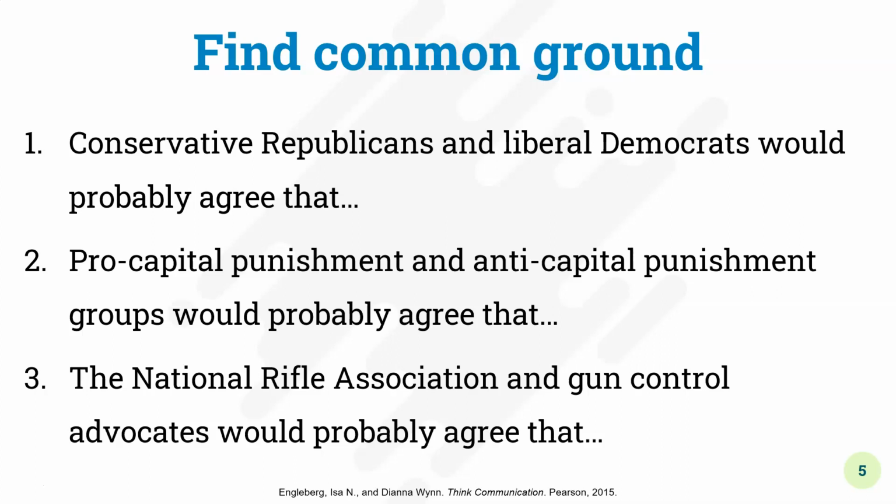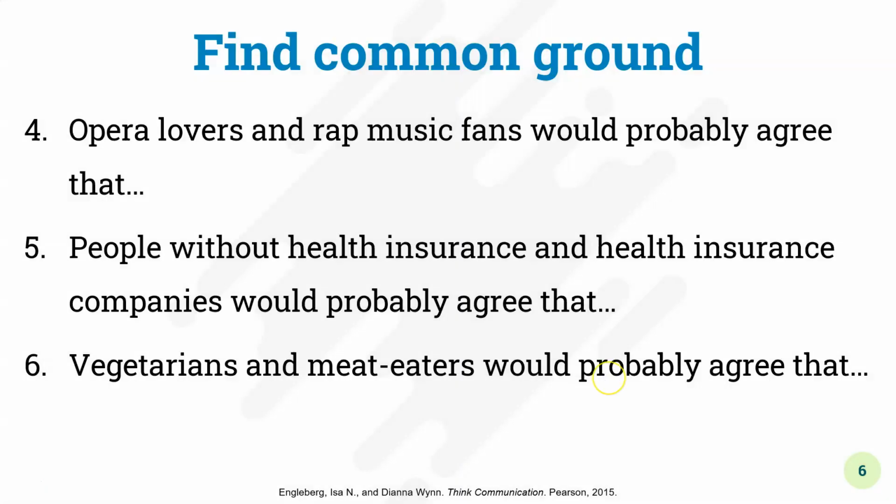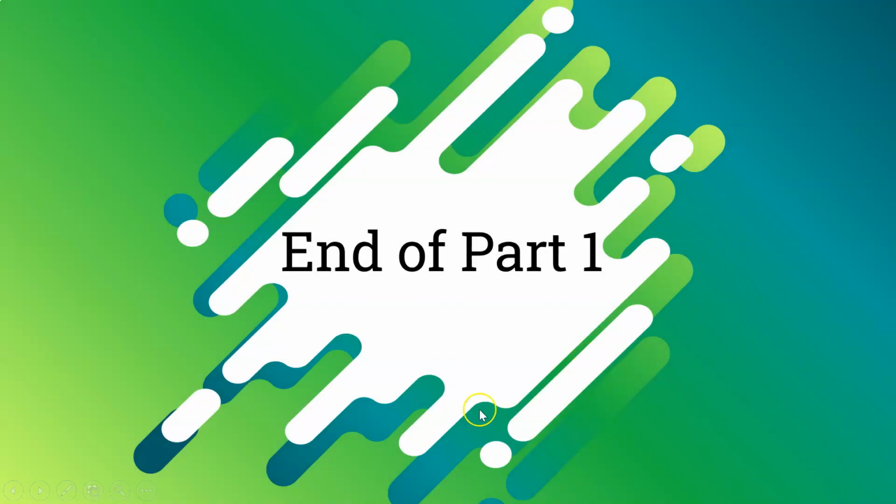They might agree that voting is a civic duty and a big responsibility. I think both Republicans and Democrats would agree to that. So go through these and on the following page and just give it some thought about how you would find common ground with opposing interests or opposing opinions. Okay, and this is the end of part 1.